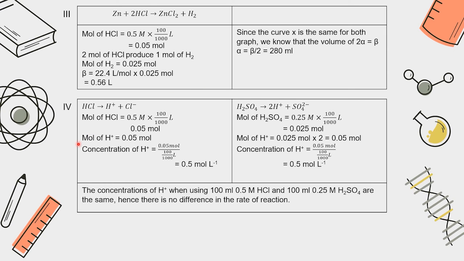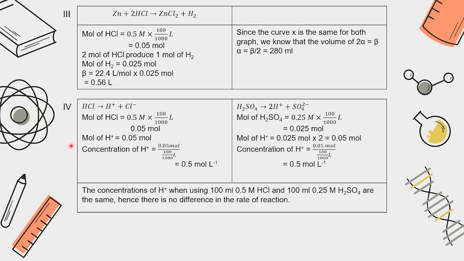Okay, now let's look into part 4, where we have to explain the effect on the rate of reaction if the experiment is carried out using 100 ml of 0.25 molar sulfuric acid. How we do this is similar to the calculations in question 2, where we find the concentration of the hydrogen ions.